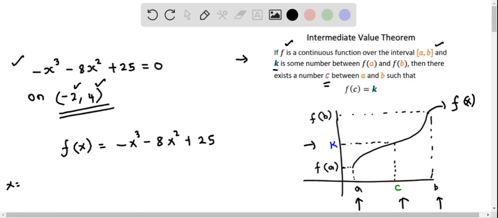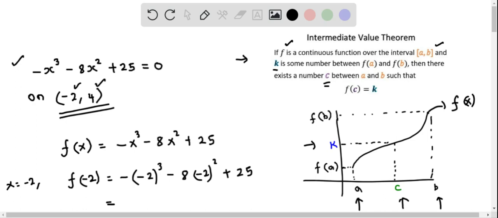So at x equal to negative 2, we'll find f of negative 2 by replacing all x in f of x by negative 2. So therefore this becomes negative of negative 2 cube minus 8 times negative 2 square plus 25. Let's simplify this.